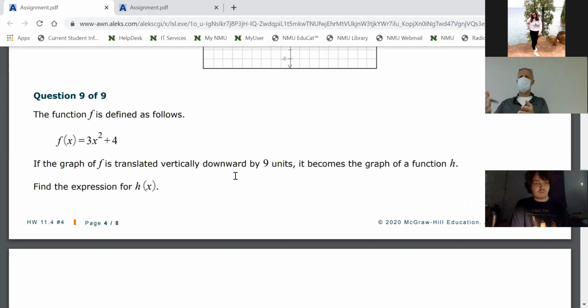So instead of 3x squared plus 4, we're now going to have 3x squared, take it down 9. 4 minus 9 is -5.